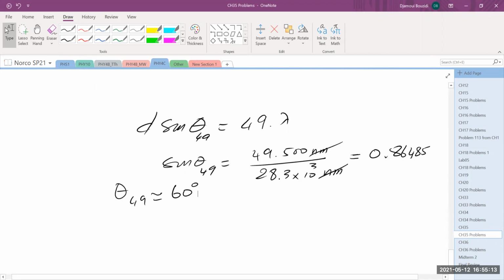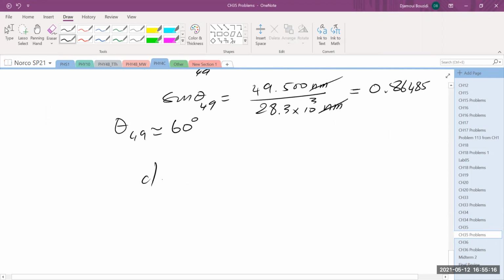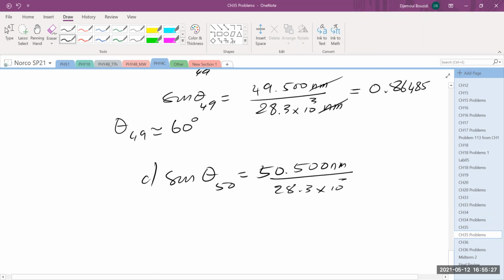And let's find theta 50. It's the same thing, 50 times 500 nanometers divided by the same number, 28.3 times 10 to the power 3, and that's going to be a big number also.